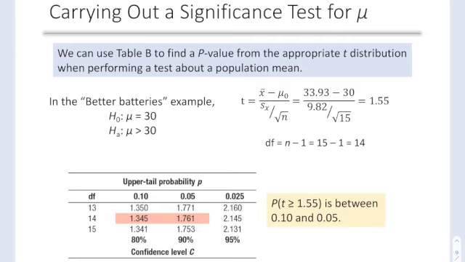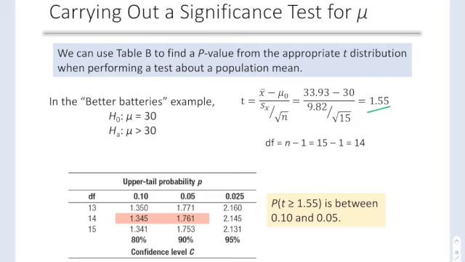Alright, so putting it all together here, the idea for the batteries was that their average lifetime was 30 hours, and hopefully the deluxe batteries have a larger lifetime, so greater than 30. From the sample data, the average x bar was 33.93. So we subtract 30, divided by the standard deviation of those 15 values divided by the square root of 15.